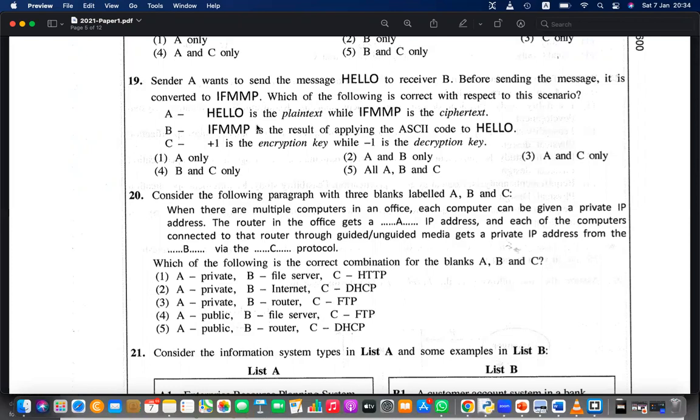It is a cipher or encryption, just altering one character to another character, which is called the monoalphabetic Caesar cipher, which Julius Caesar used in wartime. So hello is the plain text. This is the ciphertext. Yes, true. Readable text is plain text. Unreadable one is the ciphertext.